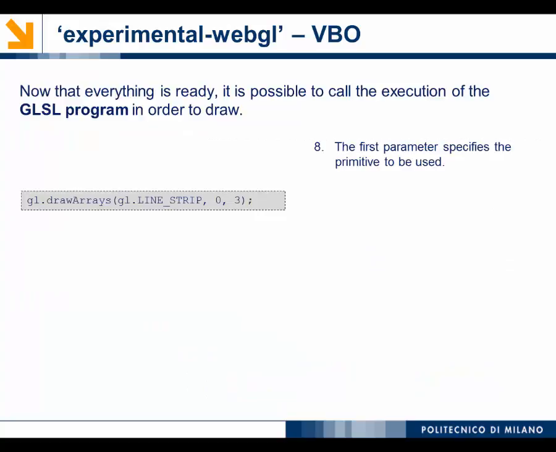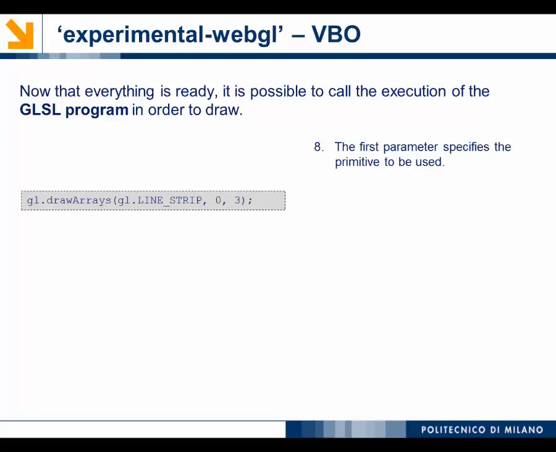At this point, I can finally draw things. So you see that the pipeline is quite complicated, and we don't even yet afford to face the problem of writing GLSL code. Basically, just as a quick recap, I have locally on my machine some object I want to draw expressed as vertex information of the object.